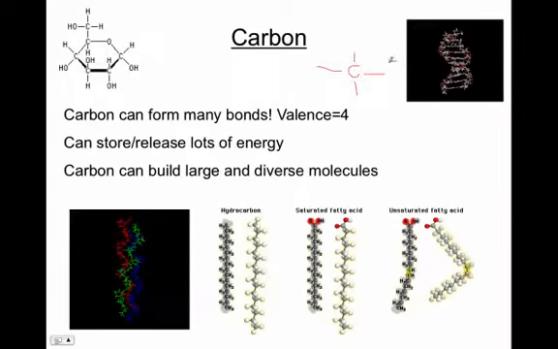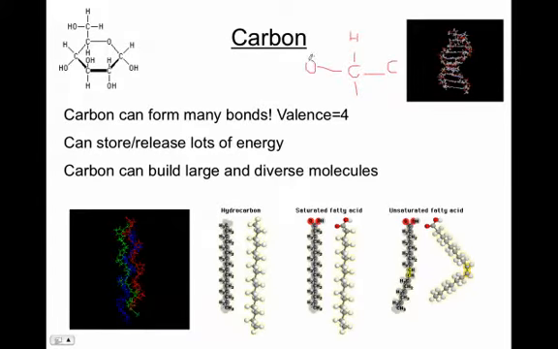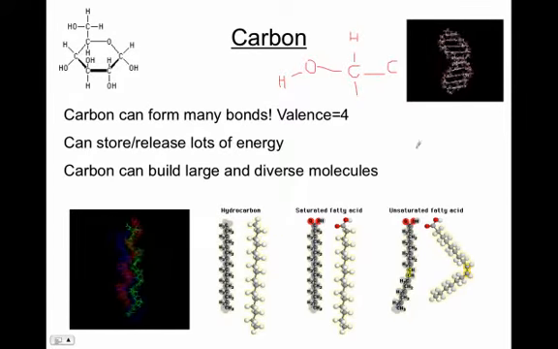Those atoms can be other carbon atoms, or hydrogen atoms, or groups of atoms, which might include, for instance, oxygen and another hydrogen. That's going to be called a hydroxyl group. You'll be learning about that. Or any other group of atoms that might be involved. So with that valence number of 4, carbon is able to build very large, diverse molecules.